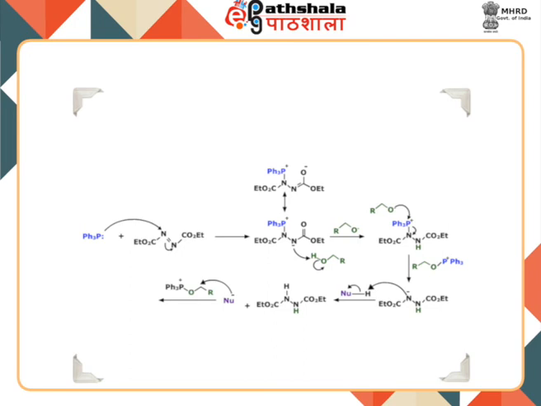As the Nu minus attacks on this CH2 via the backside SN2 mechanism, then this Ph3PO will go out as a leaving group, and that is how you get the substituted molecule which is RCH2Nu starting from RCH2OH. So, that is how we have been able to replace the OH with the nucleophile, and this is what is the Mitsunobu reaction.